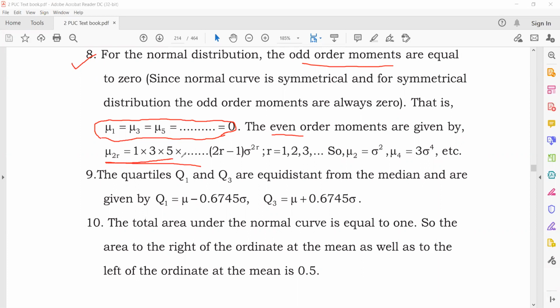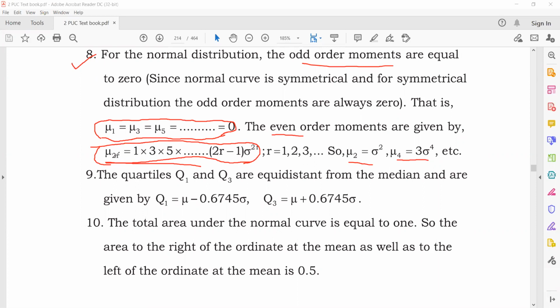But you can observe actual values for mu2, mu4, mu6, mu8. That is also given by a general formula, and as said, that is just based on the value of sigma. If you know the value of sigma, you can see what mu2, mu4, mu6 are.